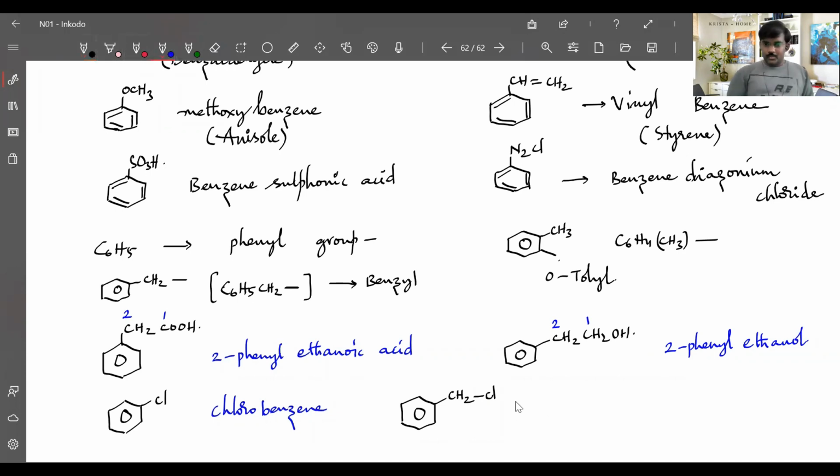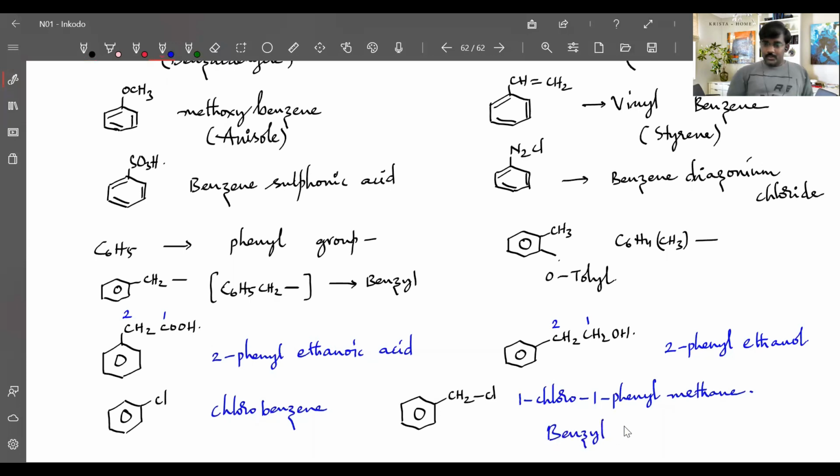So it is 1-chloro-1-phenyl methane, because the chloro group is the functional group here. That is the compound name now. Or else you can write it as benzyl chloride.